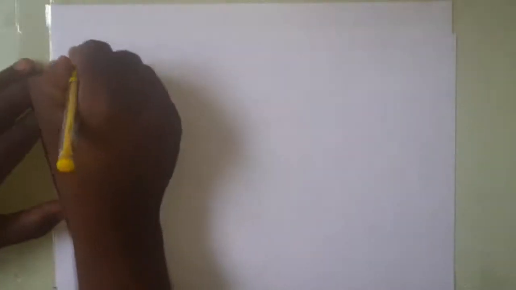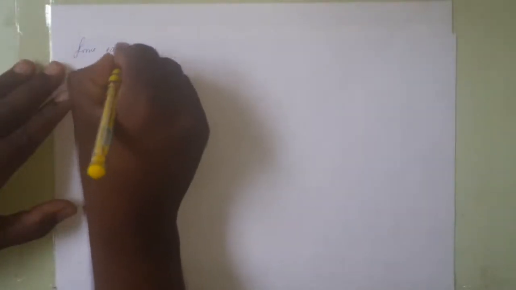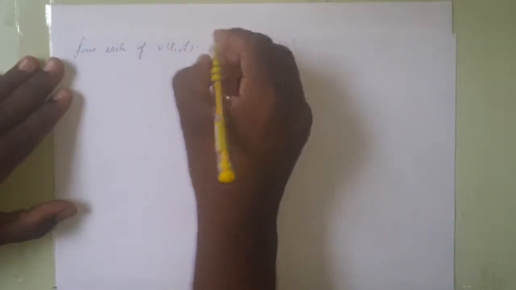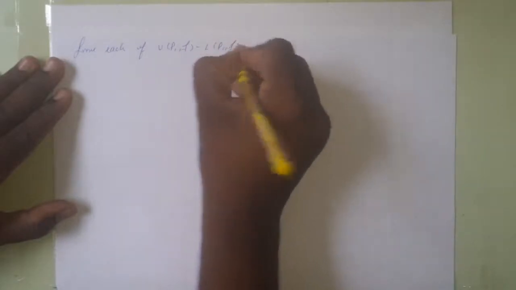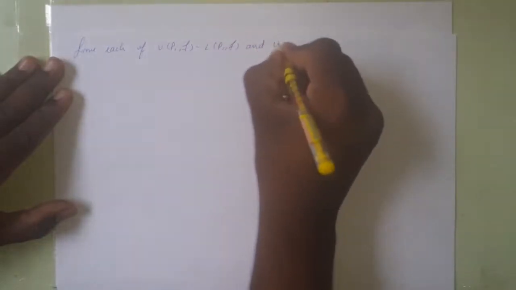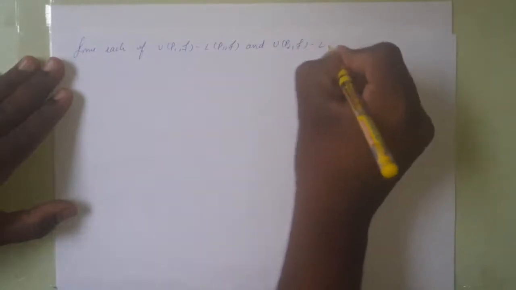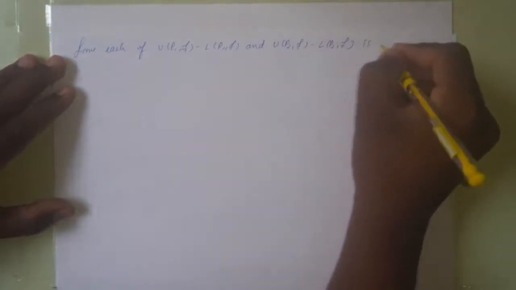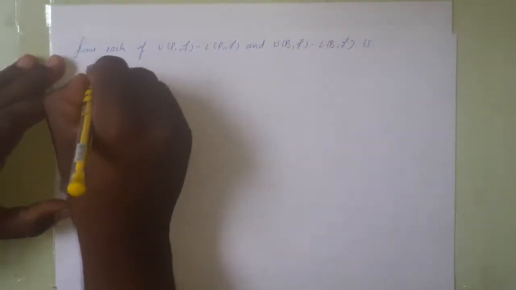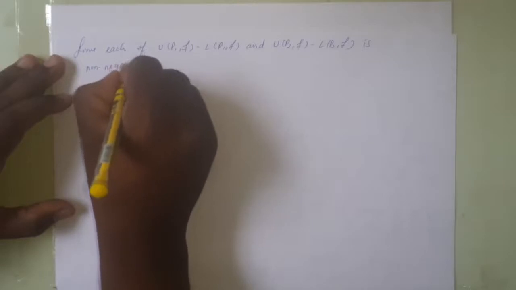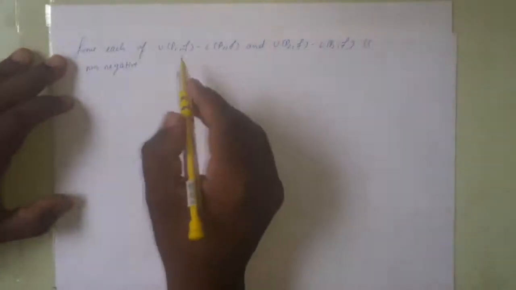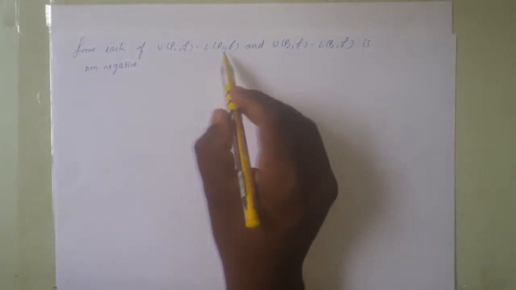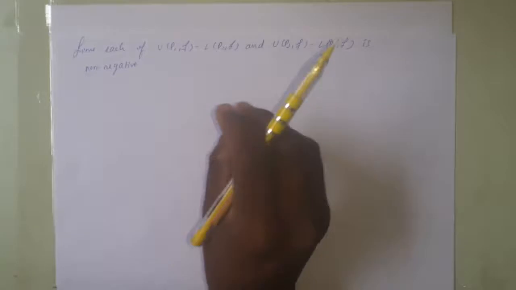Now, since each of U P1 F minus L P1 F and U P2 F minus L P2 F is non-negative, because we know that the upper Riemann sum is always greater than the lower Riemann sum, independent of the partitions.